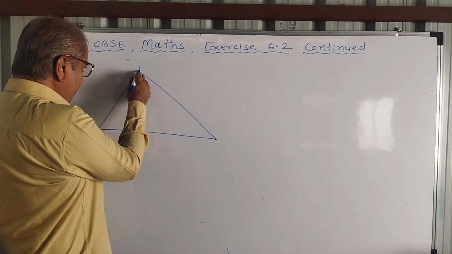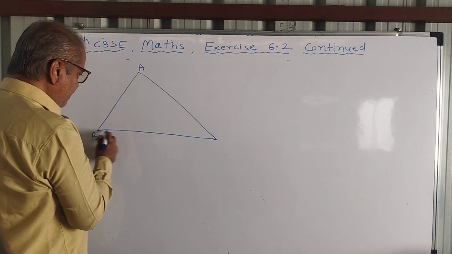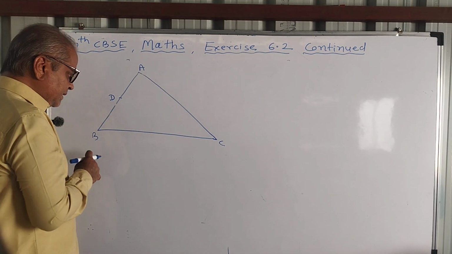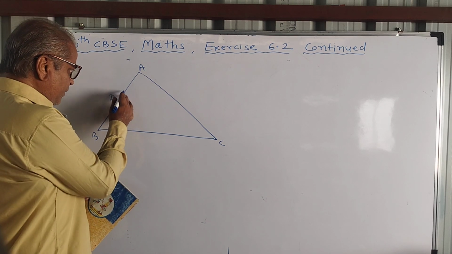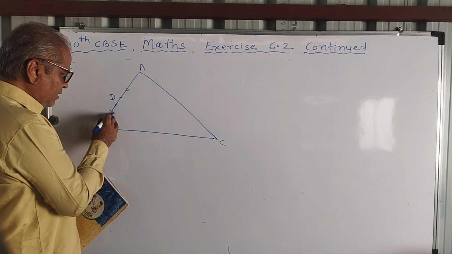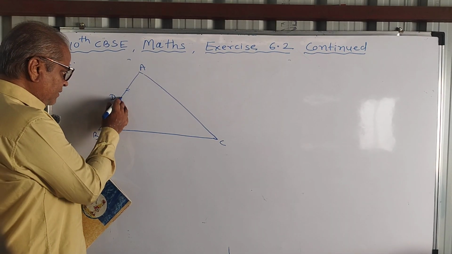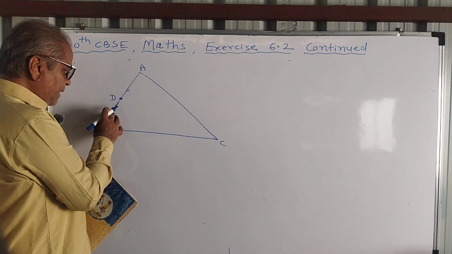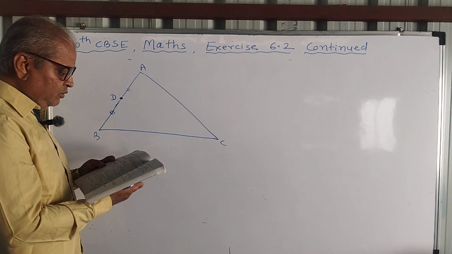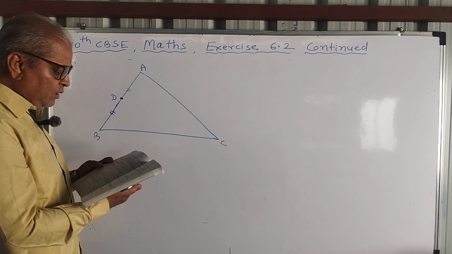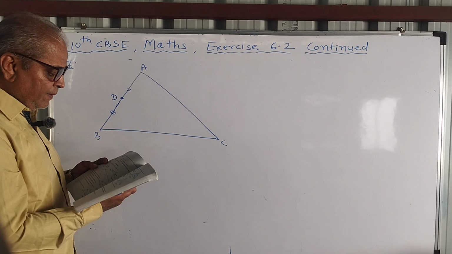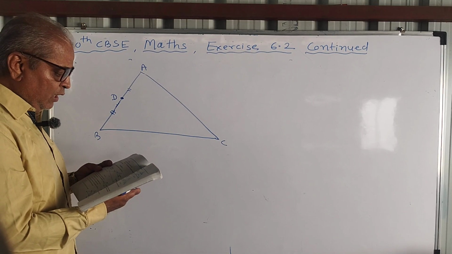Let the triangle be ABC, and D is the midpoint of one side, so D is the midpoint of AB. I will make the identical marks here, and this point D is the midpoint of one side. A line drawn through the midpoint of one side of a triangle, parallel to another side, bisects the third side.